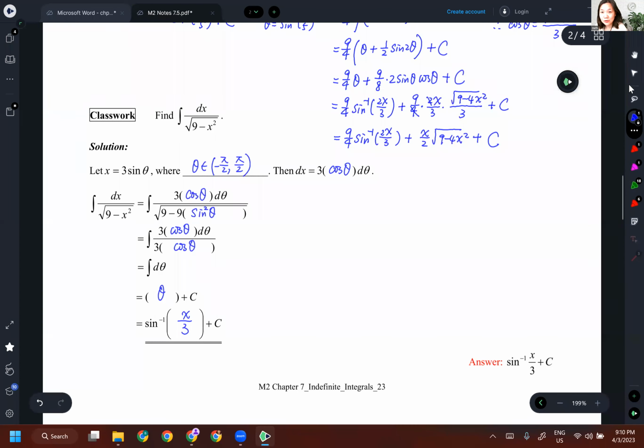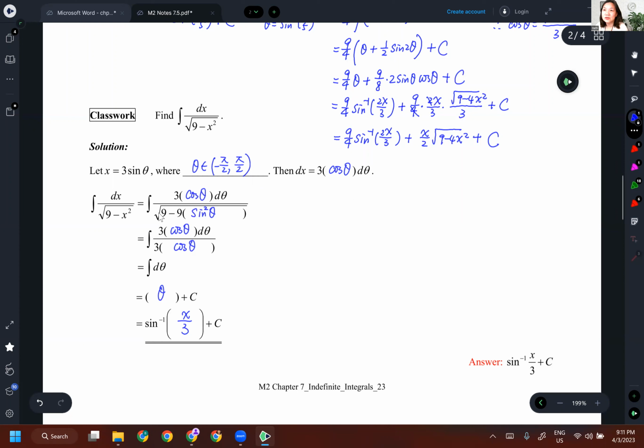Okay, let me show you my answer. In this question, of course, I must use the substitution. Let x be three sine theta, and theta belongs to negative 90 to 90 degrees. I did this first, so dx equals 3 cosine theta d theta, and in my substitution I'll just replace it entirely like that.